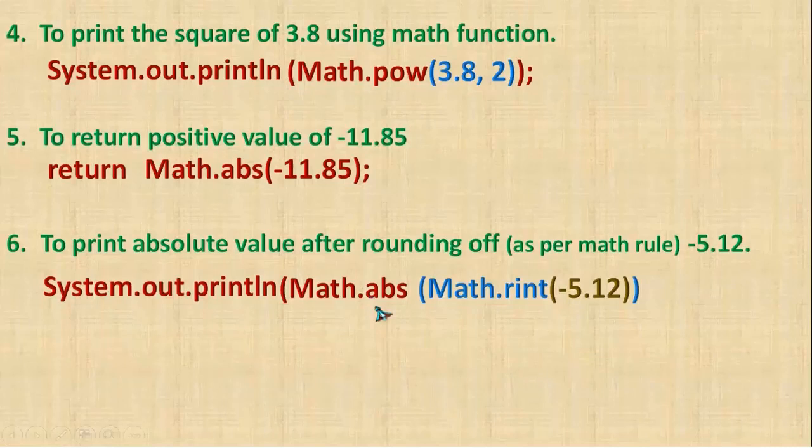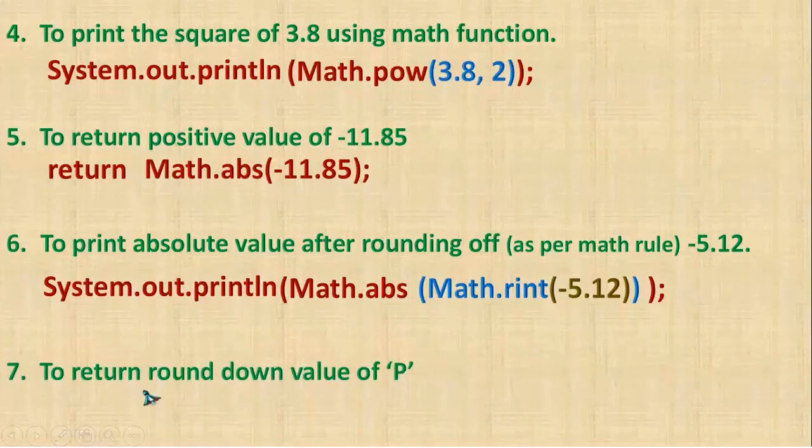For your better understanding, I have given this one first and then later this. While writing, you follow in a sequence. And then do not forget to close this and then terminate. As per the question we have done here, still the result will not change even if we first take the absolute value then round off.